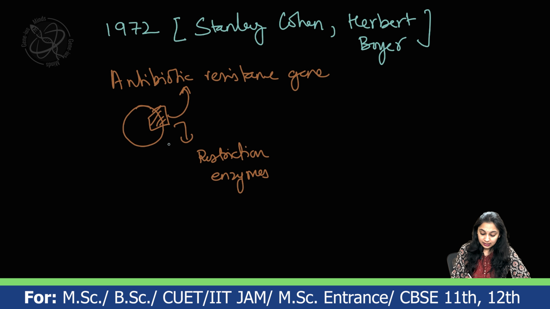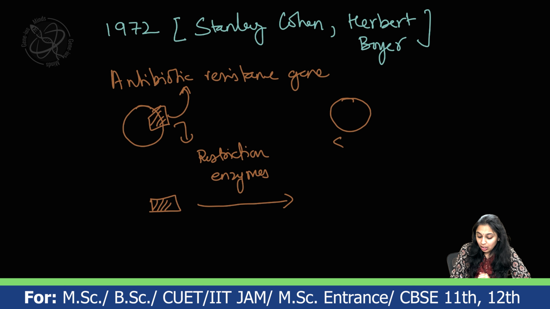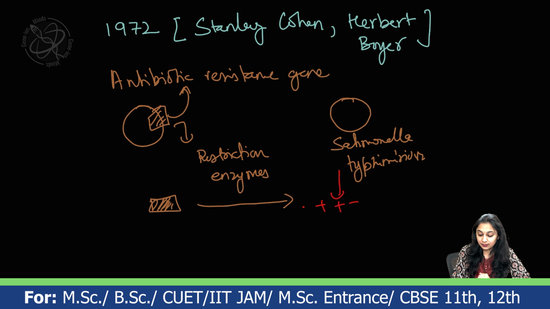So they cleaved or chopped off their gene of choice from that plasmid and incorporated it into the plasmid of a bacterium called Salmonella typhimurium. So this gene of choice was incorporated in this Salmonella typhimurium.